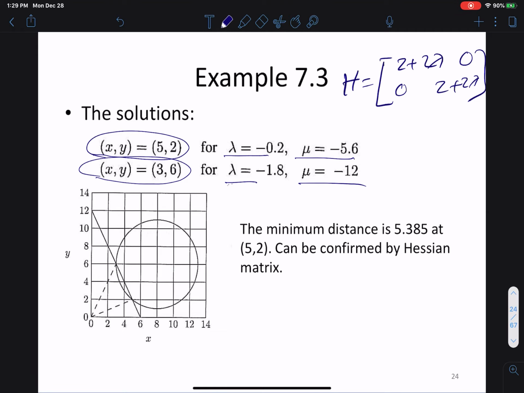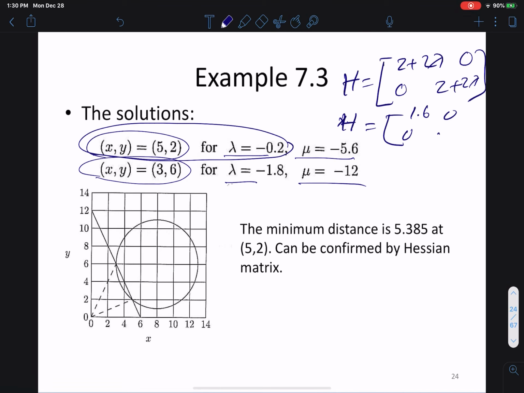Now I test it for the two different lambda values. The first one I can test with this side over here. If I test it with this side, my H becomes 1.6, negative 2.5, so 1.6, negative 0.2, so it becomes 0.4, so it's 1.6, 0, 0, 1.6.